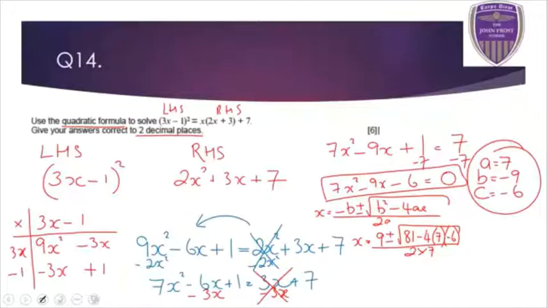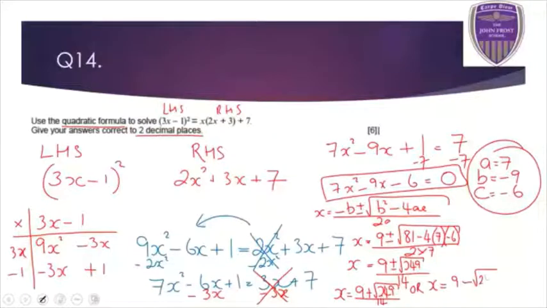Okay, now that will give you 9 plus or minus the square root of 249, all over 14. And this is where you separate it out, because one solution is x equal to 9 plus the square root of 249 over 14. And the other solution is x equal to 9 minus the root of 249 over 14.